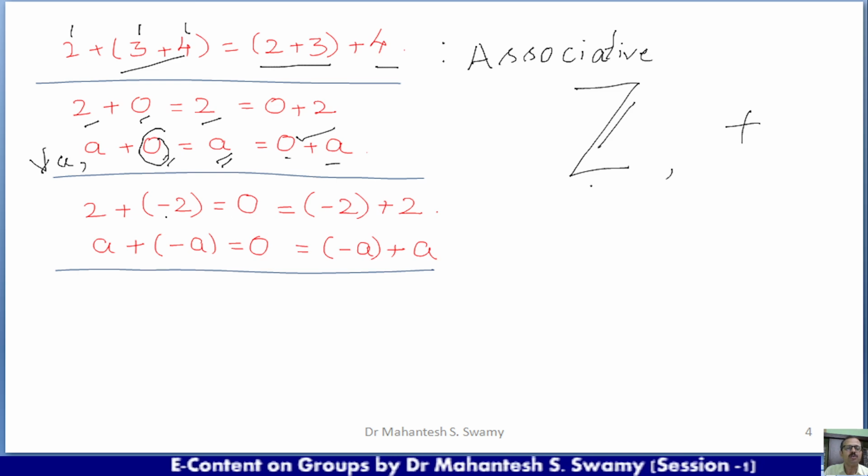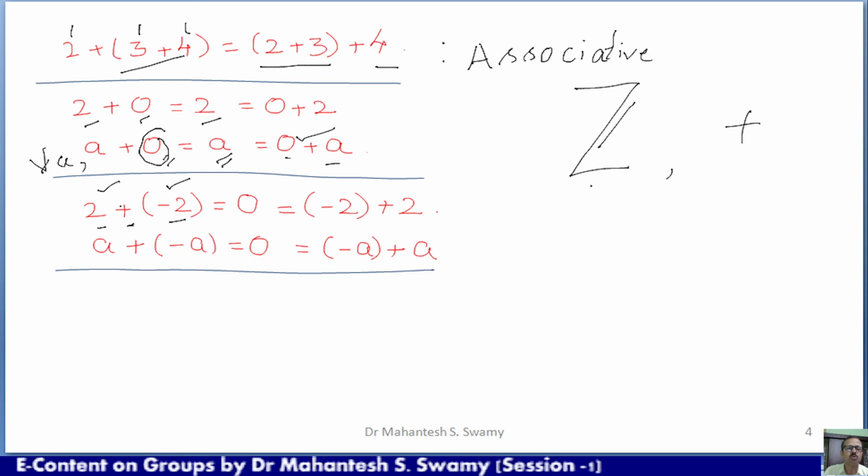Now, if you look at this particular binary operation, here 2 is operated with minus 2 with respect to the binary operation addition. 2 plus (minus 2). So minus 2 is another element, 2 is the given element. So 2 is added with minus 2, the result is 0.